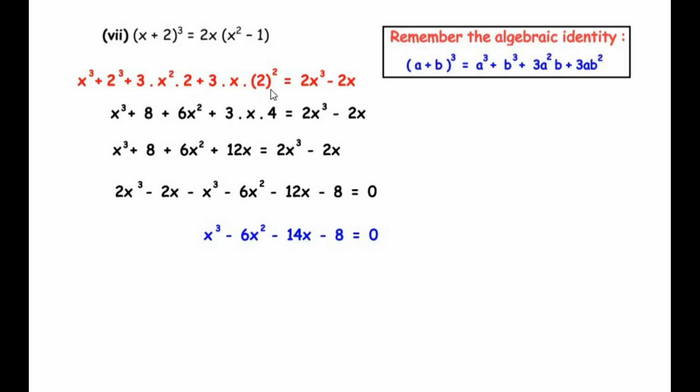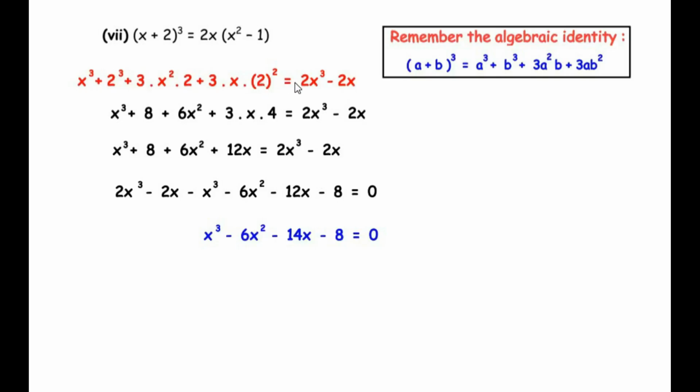So here we expand the left hand side as x³ + 2³ + 3 times x² times 2 + 3 times x times 2² is equal to, now let us expand the right hand side. So we are going to multiply 2x with x² giving us 2x³. 2x multiplies with -1 giving us -2x.